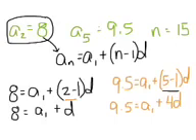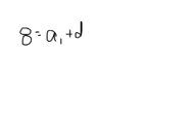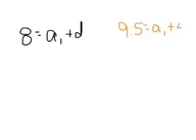Now what you've created is two equations with two unknowns, which you can solve using substitution, elimination, or the addition method, whichever your book calls it, where we're just trying to solve for one of the variables. So on another slide here, I'm going to take those same two equations. I have 8 equals a1 plus d, and then I had 9.5 equals a1 plus 4d.